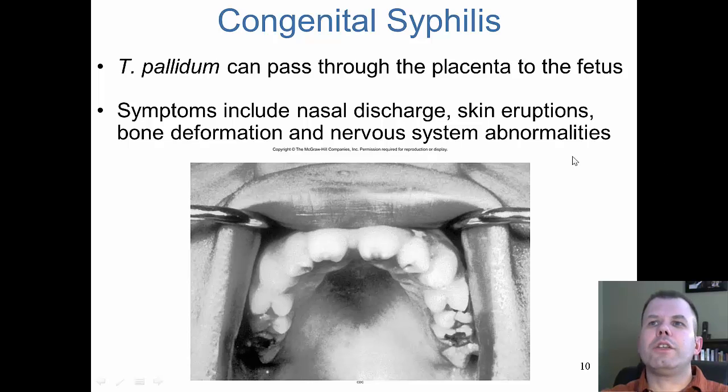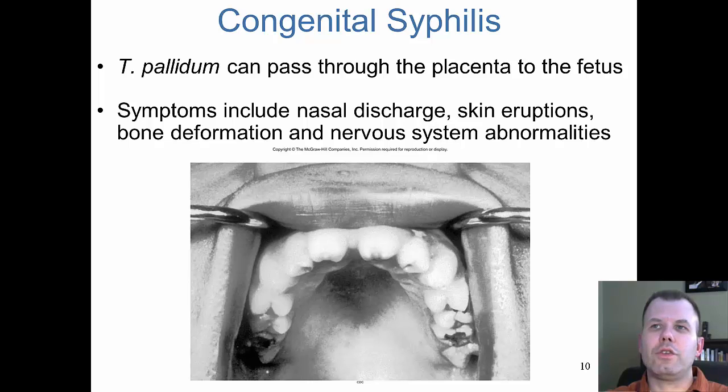Now, congenital syphilis can pass through the placenta to the fetus, and anytime we talk about congenital, that means it's affecting the child. In this situation, the bacteria gets into the mom, gets into the bloodstream, and then can cross the placenta into the child. Again, we can see things like nasal discharge, skin eruptions, bone deformation, and nervous system abnormalities, depending on how serious it is.